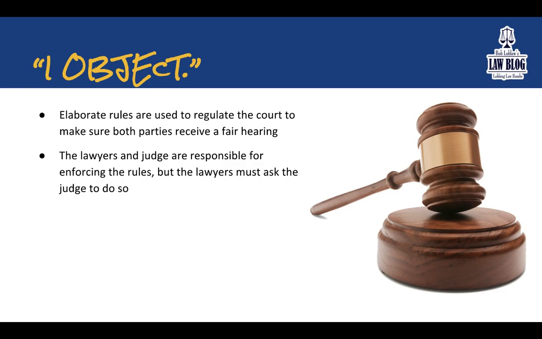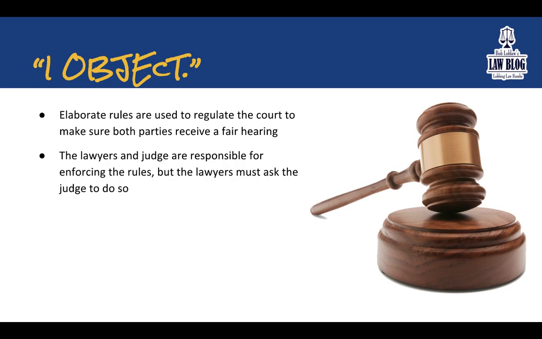The lawyers and judge are responsible for enforcing the rules, and you do this by objecting. But the lawyers must ask the judge to do so. Before a judge can apply a rule of evidence, they have to be asked. So if someone steps out of line, you have to object.